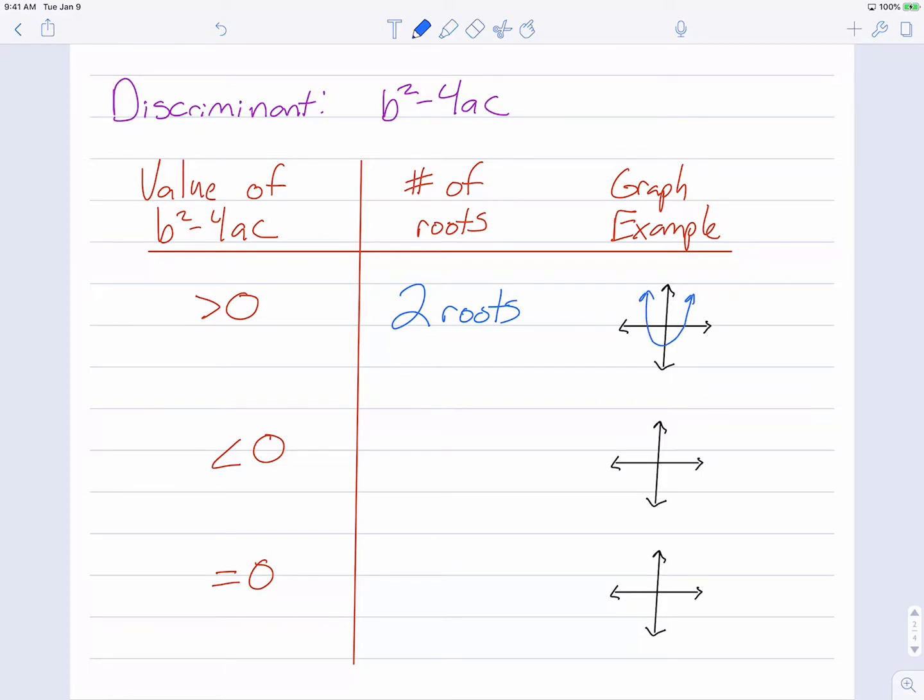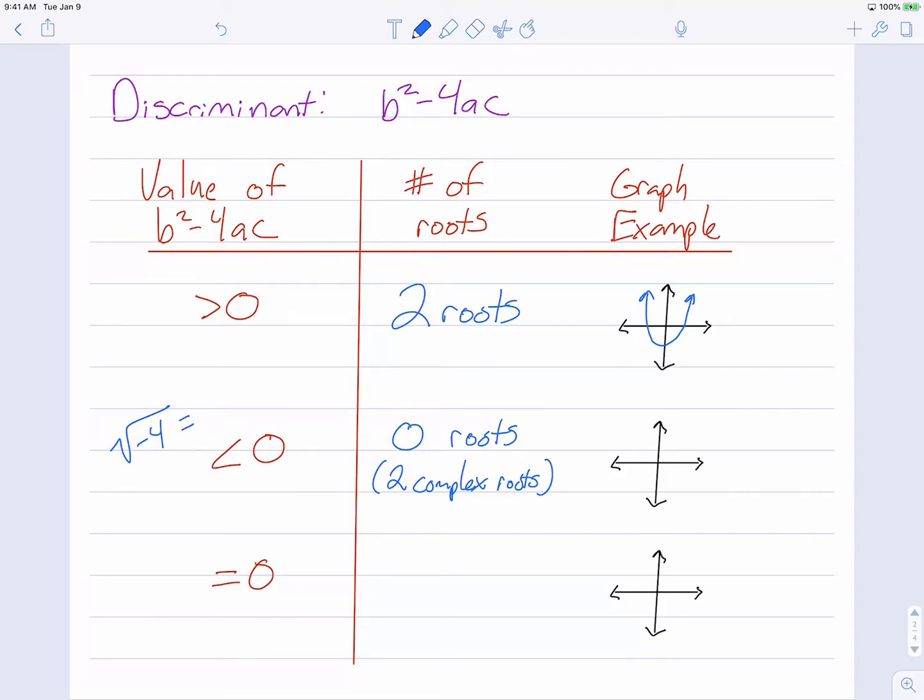If the discriminant is less than 0, then there are 0 roots, also known as two complex roots. They're kind of imaginary. We will be getting into that a lot more, and it's because numbers less than 0 are negative. If you took the square root of -4, you can't actually take it.